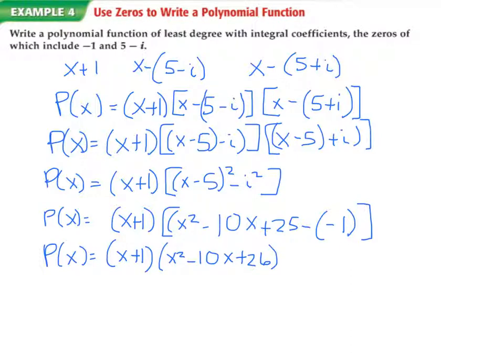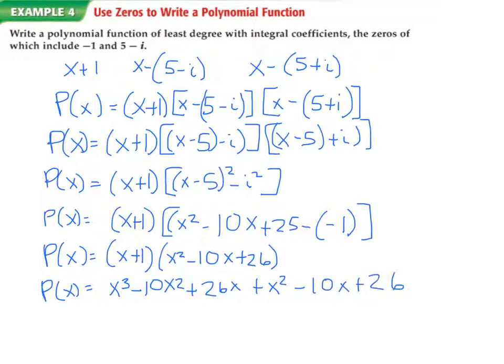And if we go ahead and multiply all of these numbers through, we're going to have p of x equals x cubed minus 10x squared plus 26x plus x squared minus 10x plus 26. And then we can go ahead and combine like terms. So we have x cubed minus 9x squared plus 16x plus 26.